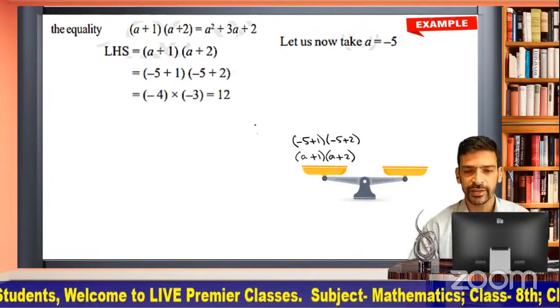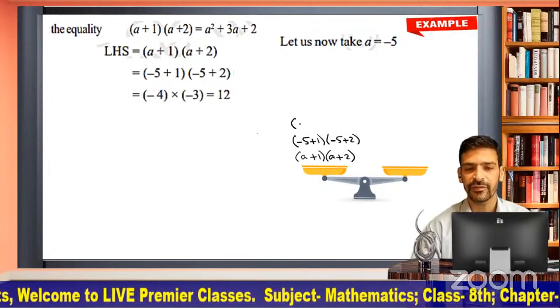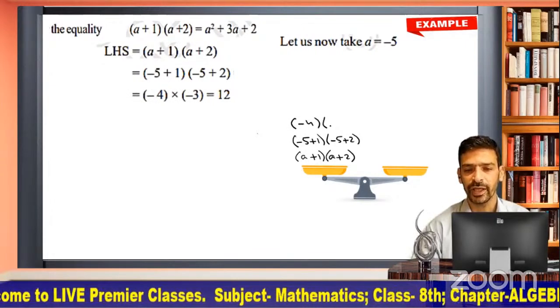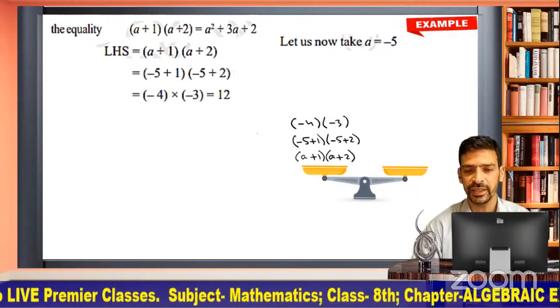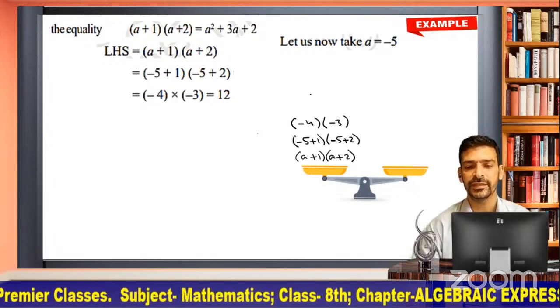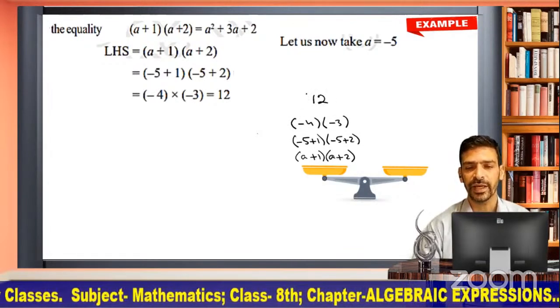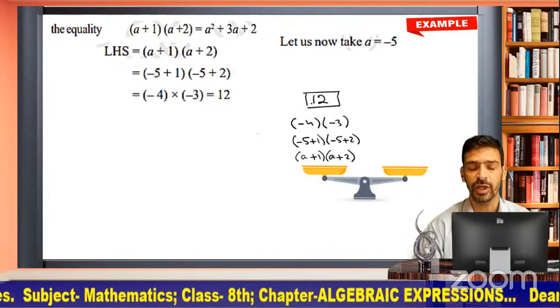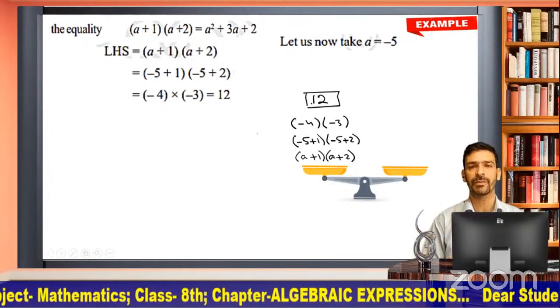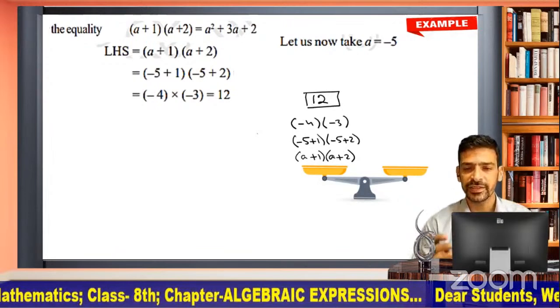Moving ahead, -5 plus 1 is -4 and -5 plus 2 is -3. 4 threes is 12 and minus minus turns out to be positive. So our left hand side yields the result 12.